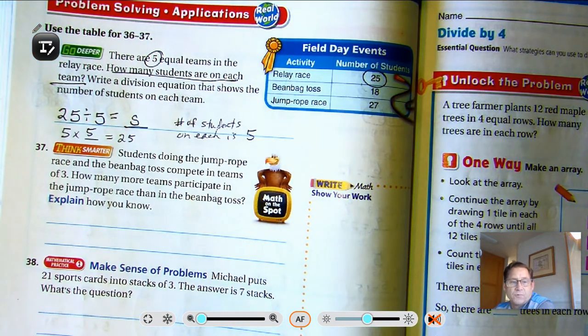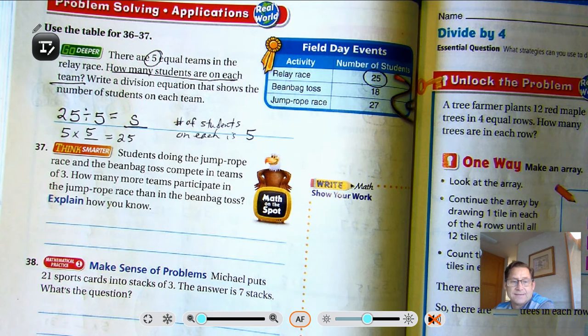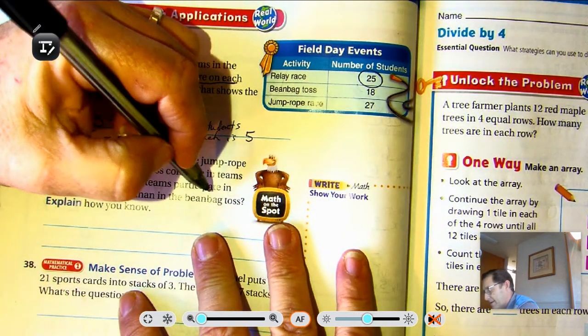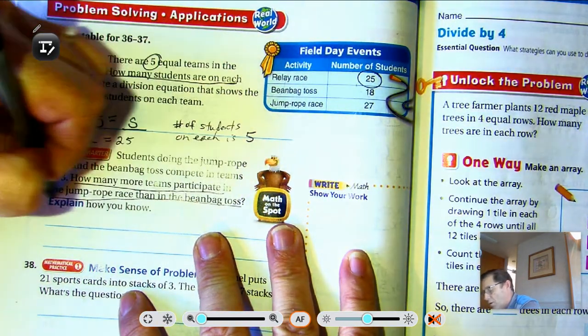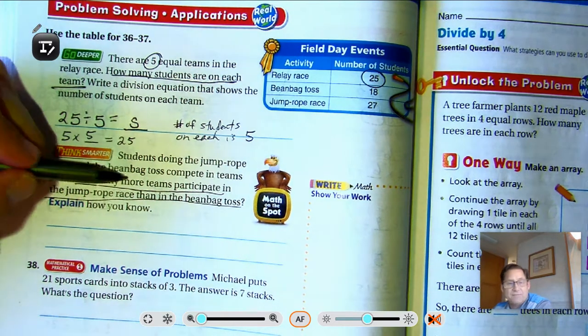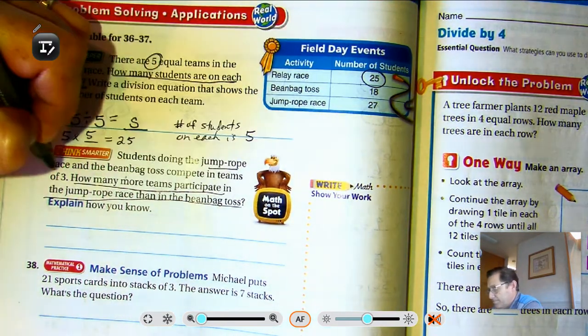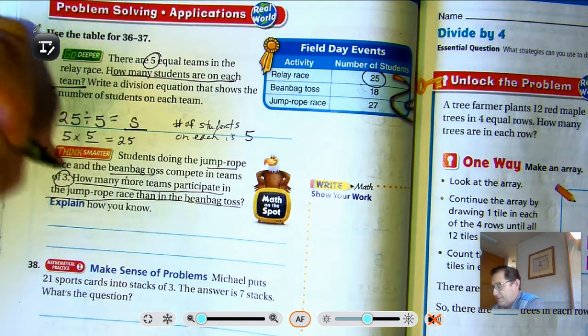Students doing the jump rope race and the beanbag toss compete in teams of 3. How many more teams participate in the jump rope race than in the beanbag toss? How many more teams? That implies subtraction. We have jump rope and beanbag toss, and we've got teams of 3.